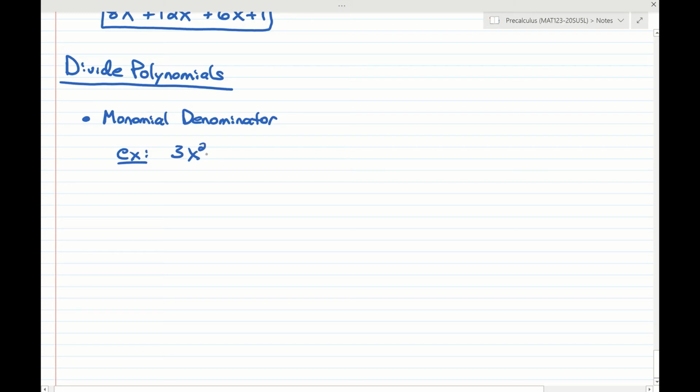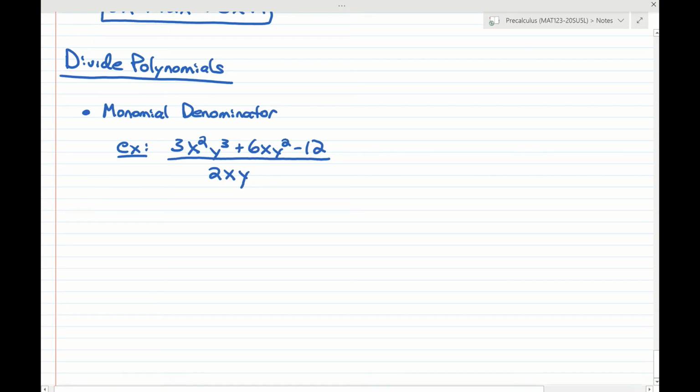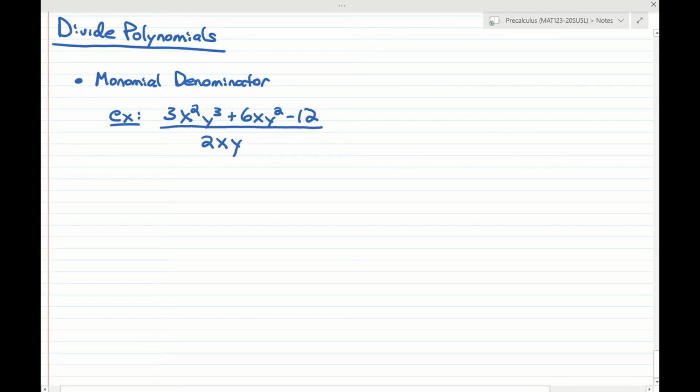So let's say we had 3x squared y to the third plus 6x y to the second minus 12, divided by 2xy. I'll just use our properties of exponents we already talked about.